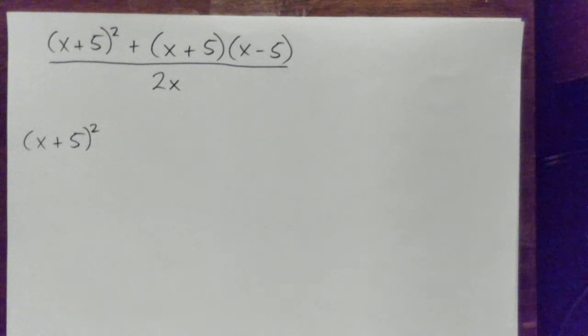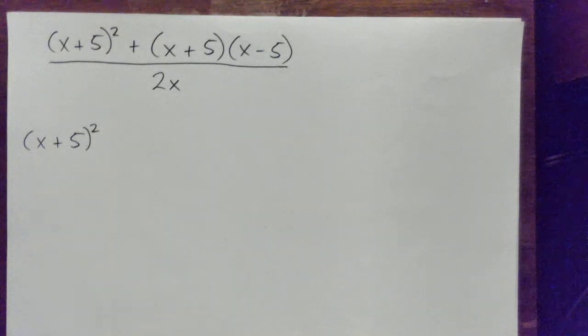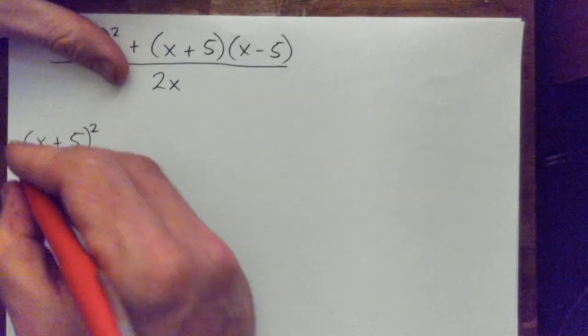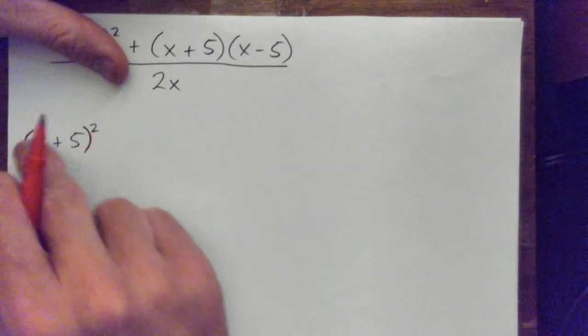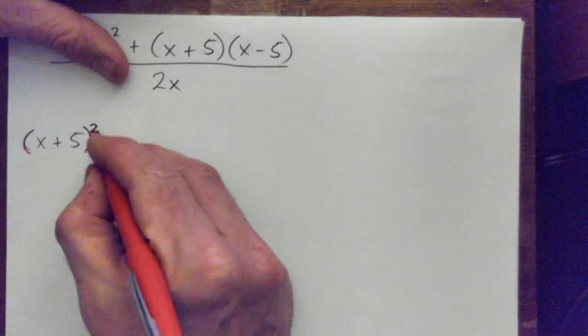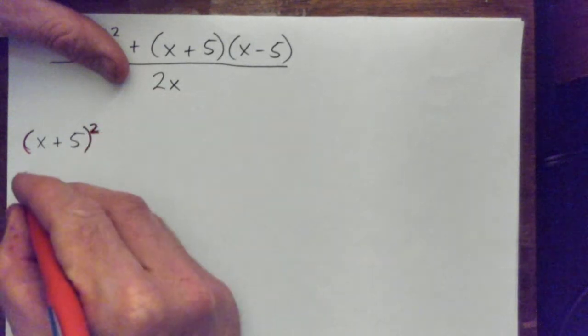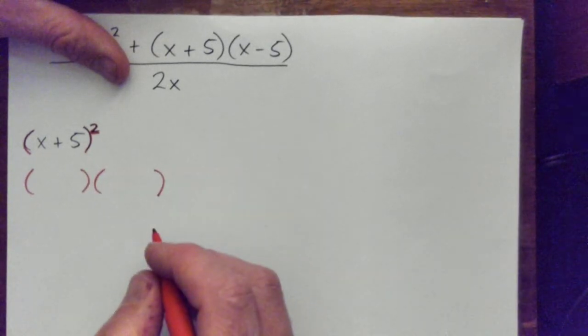Can you all remember how to simplify that? So the common mistake is to stick that squared on top of both of these numbers instead of saying, hold on a second, that's a squared on a parenthesis, so it actually means this thing times itself, right?